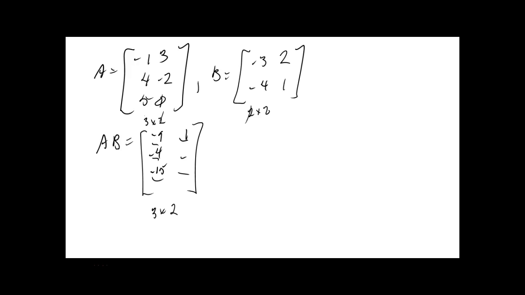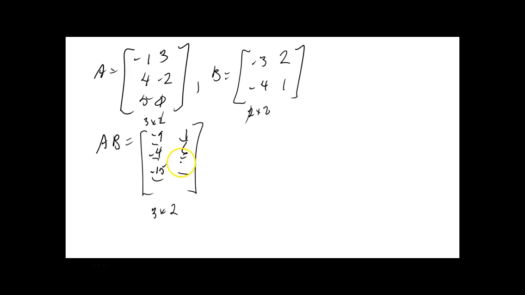Row 2, column 2. That would be 8 plus -2, which is 6. Everybody see that? And you don't have to jump around like this. You can do it in an orderly fashion if you prefer. The last would be row 3, column 2, and that would be 10.